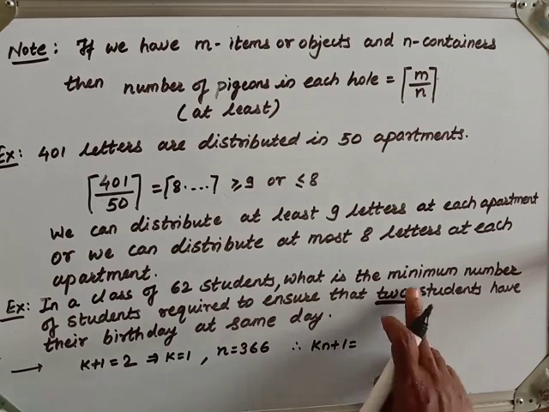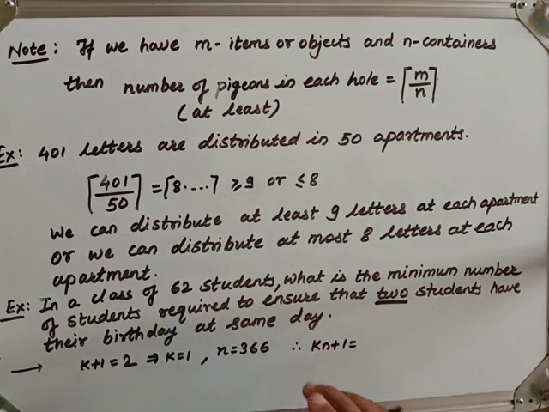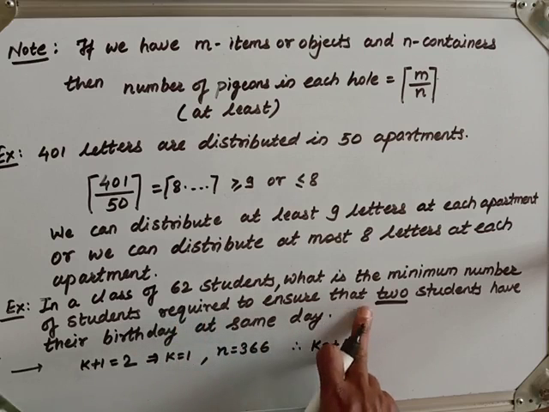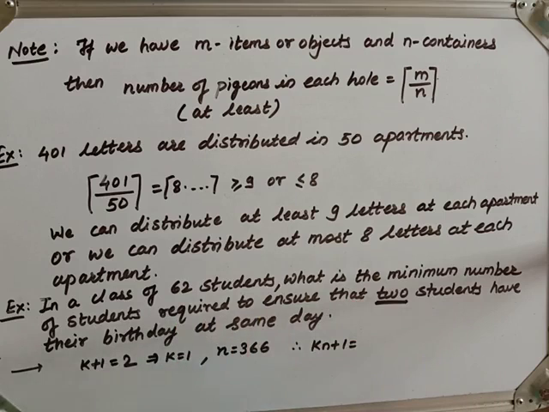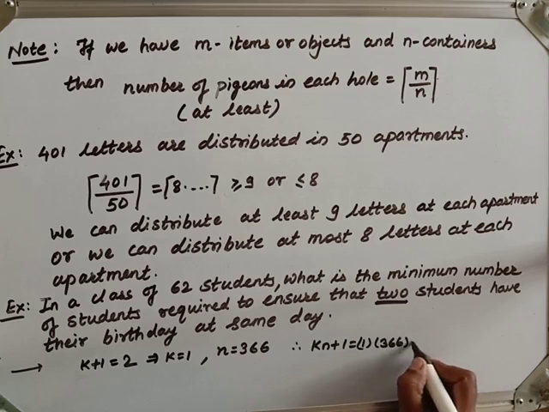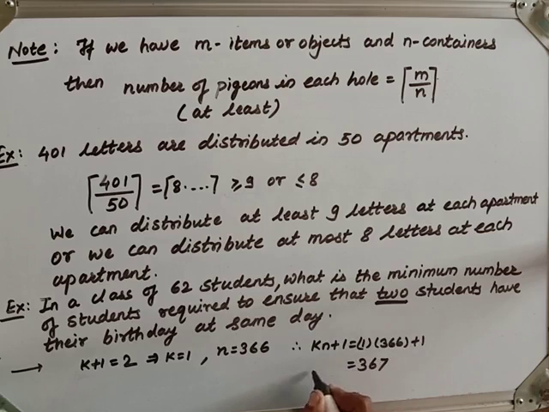The minimum number of students that guarantees that 2 students have their birthday on the same day: k is equal to 1, n is 366, plus 1, so it is 367.